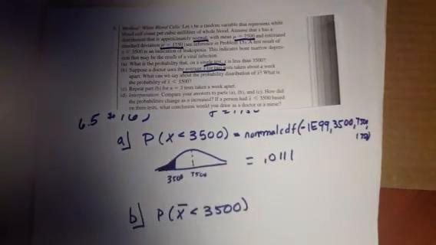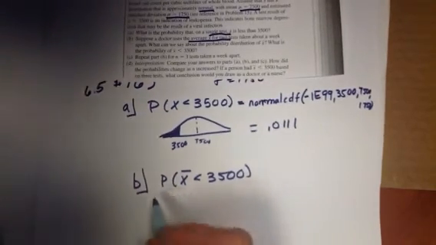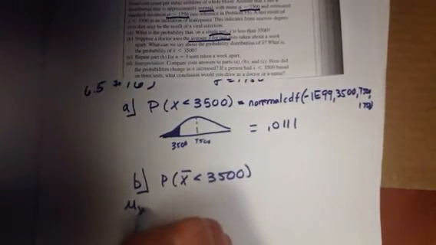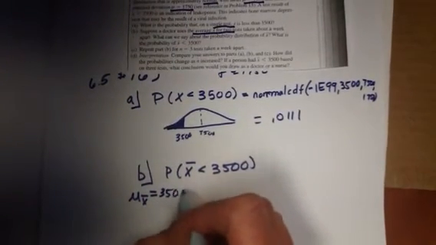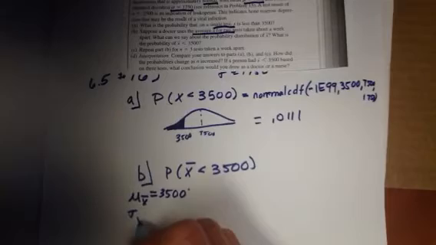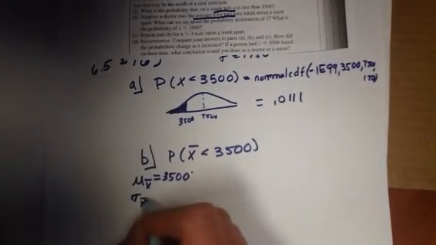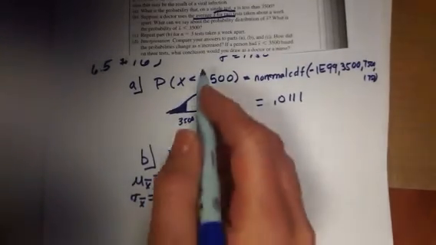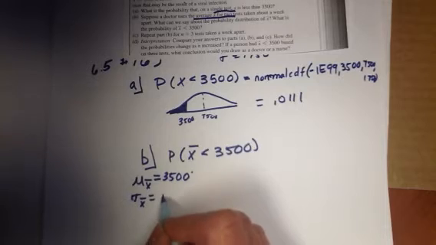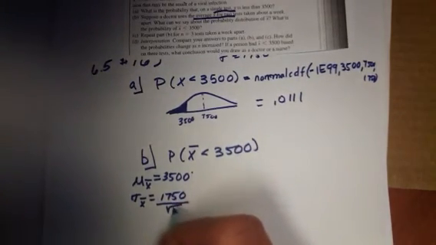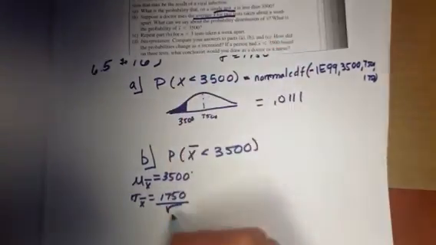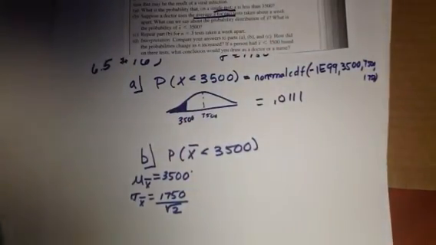So since we know the X bar distribution is also normally distributed with the same mean, we know our mean is also 7,500. Remember the standard deviation of X bar then is the standard deviation of the original distribution divided by the square root of n. In this case it was a test of 2, so the square root of 2.